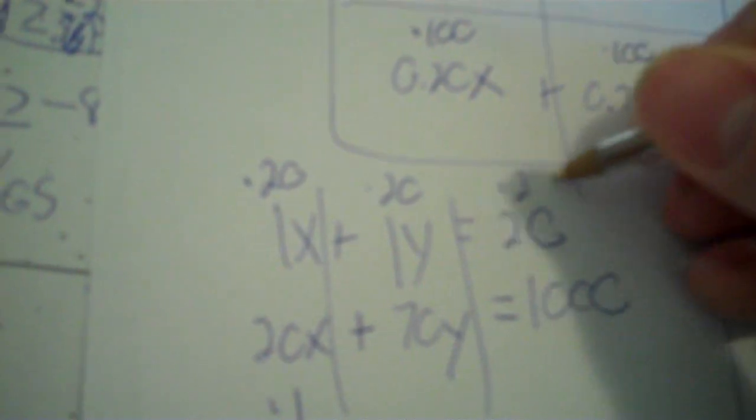So you're going to times by 20 and you're going to times by 1. The rest of it times 20, the rest of it times 1. So 20 times 1x is 20x. 20 times 1y is 20y. And then 20 times 20 is 400. Then 20x plus 70y equals 1,000.